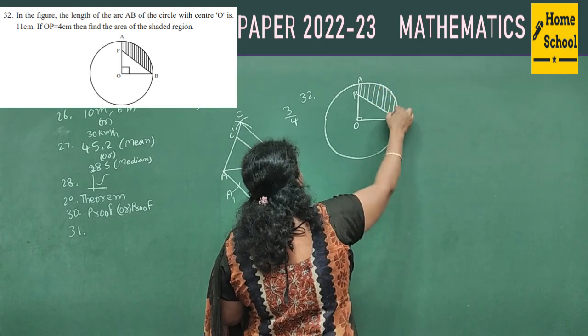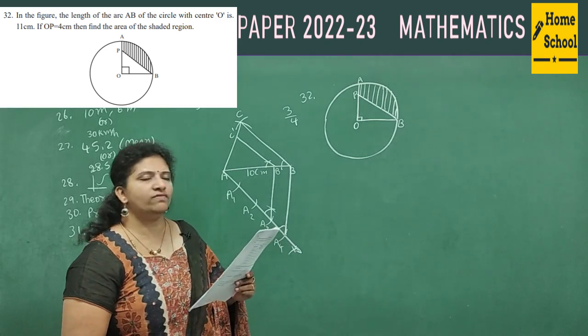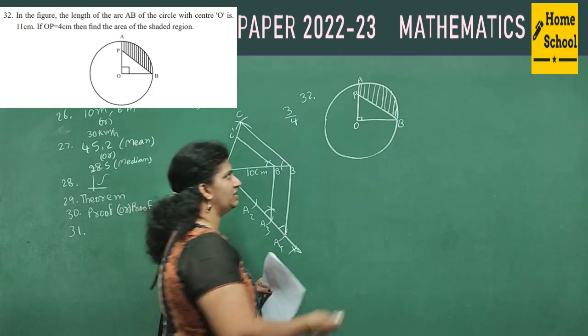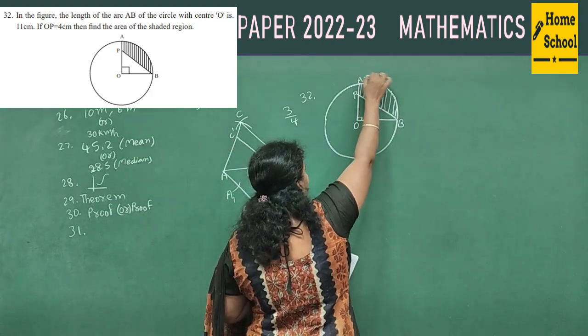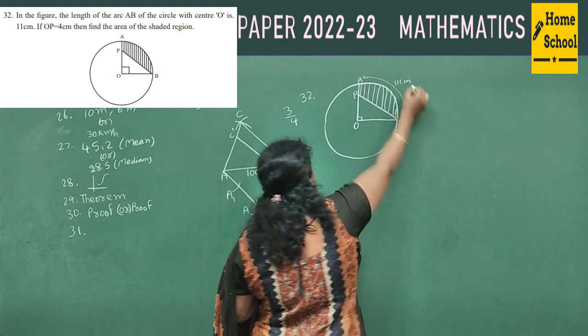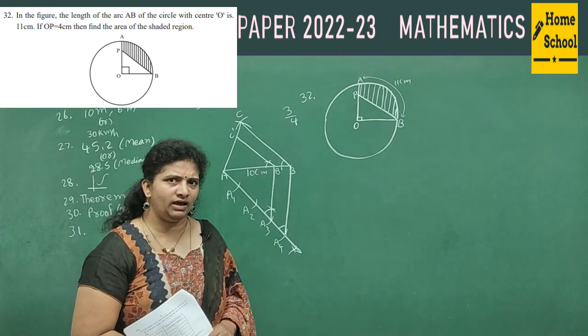Okay. So now let's read the question. In the figure, the length of the arc AB of the circle with center O is 11 centimeters. See, children, from here to here the arc is given, 11 centimeter it says.